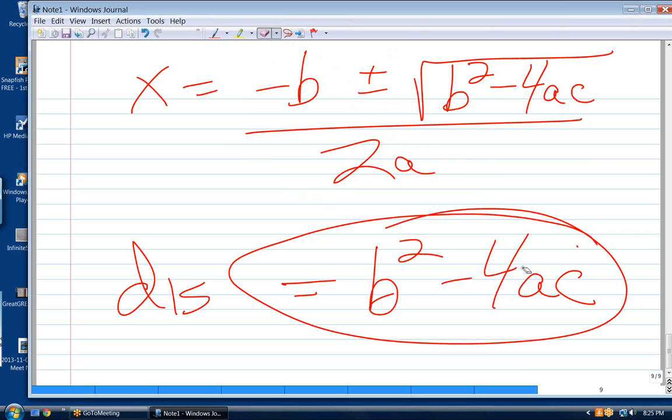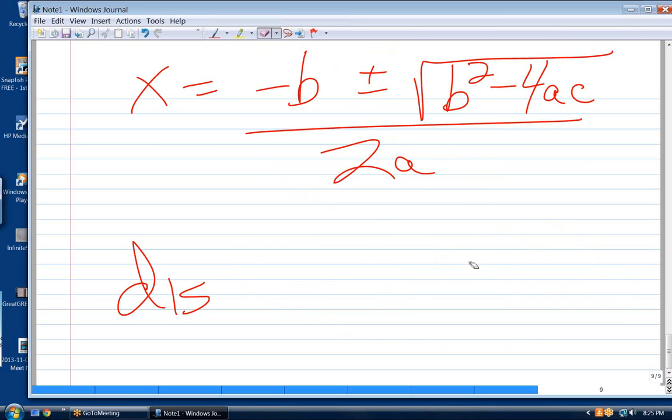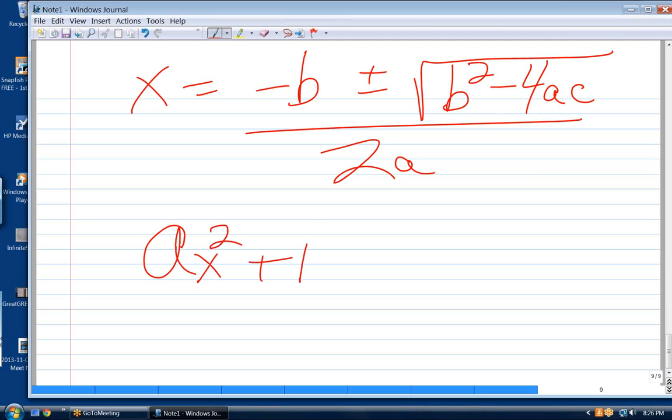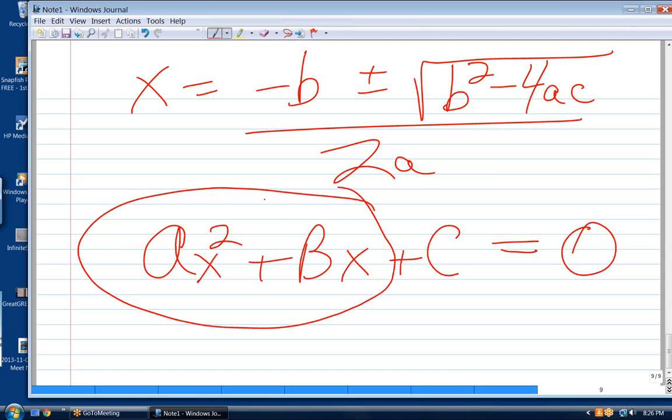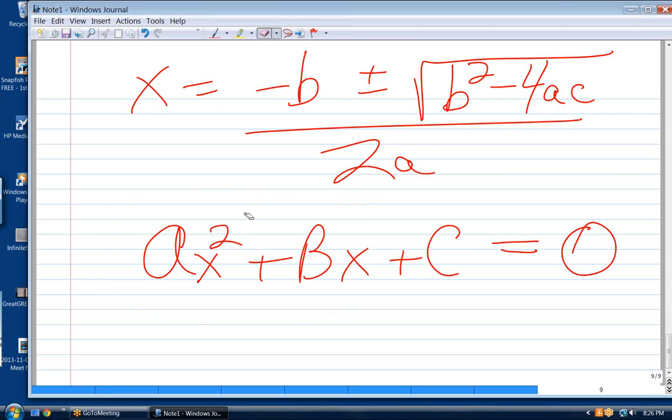In fact, you can always derive it by completing the square. If I have ax squared plus bx plus c equals 0, I can complete the square in exactly the way we've done, and I'm going to end up with x equal to the quadratic formula. That's how they came up with the quadratic formula: by completing the square in this format.